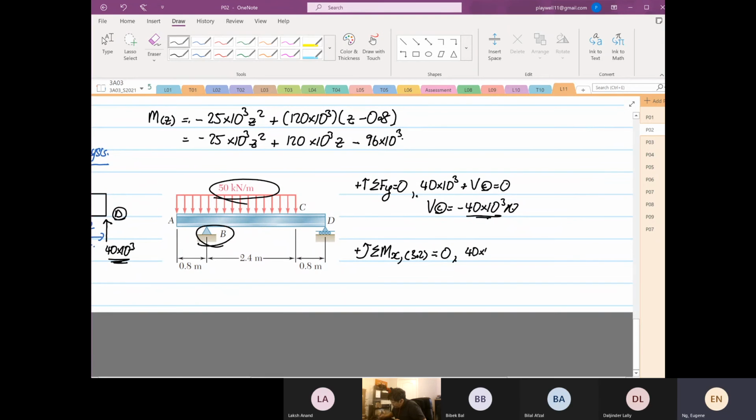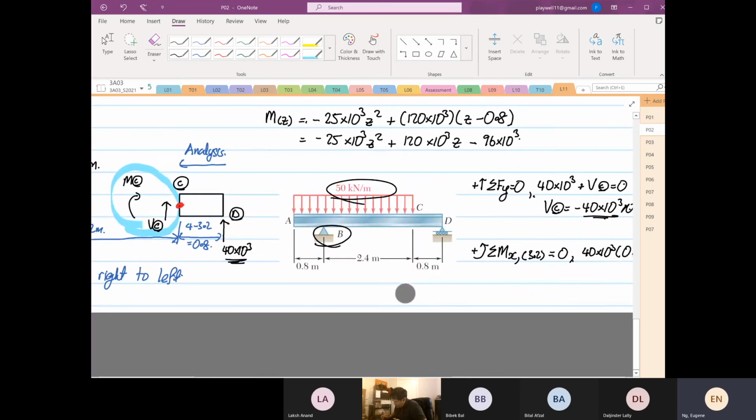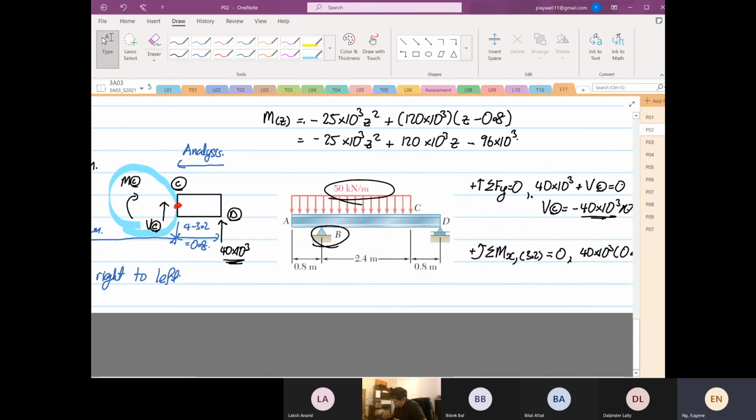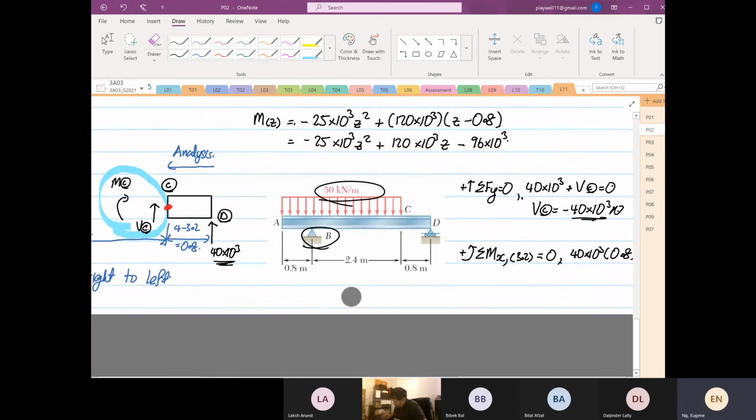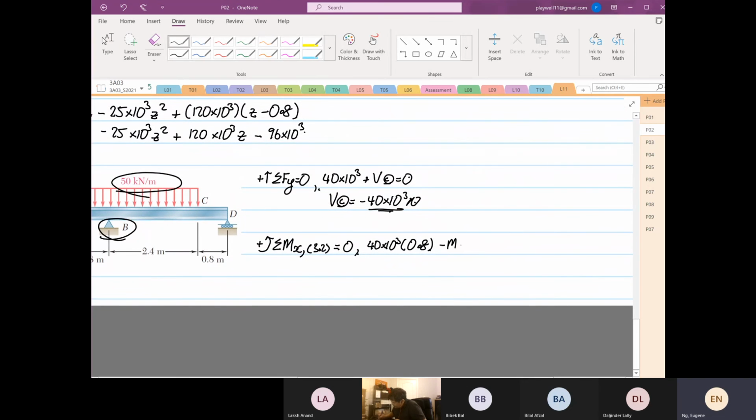And it's going in the clockwise direction, minus the moment about point C is equal to 0. So the moment about point C is equal to 40 times 10 to the power 3 times 0.8, minus 32 times 10 to the power 3 Newton meter.